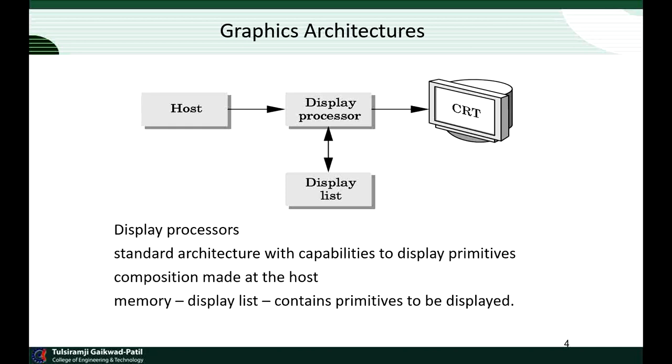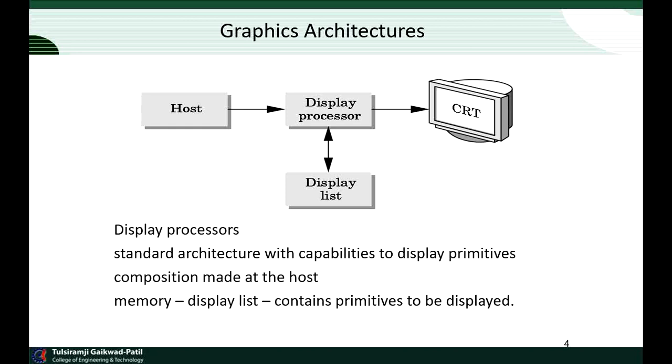Again, the host will give an input of what is to be displayed on the screen, and the display processor will work on the input given by the host. Accordingly, the display list will give the information on how that image will be drawn on the screen, that is, where to draw the point, where to draw the curve, and so on.